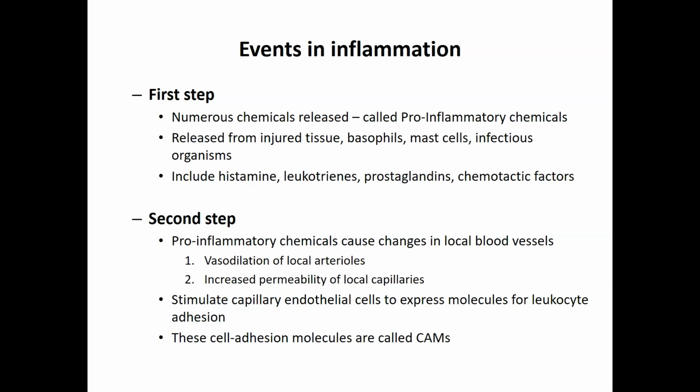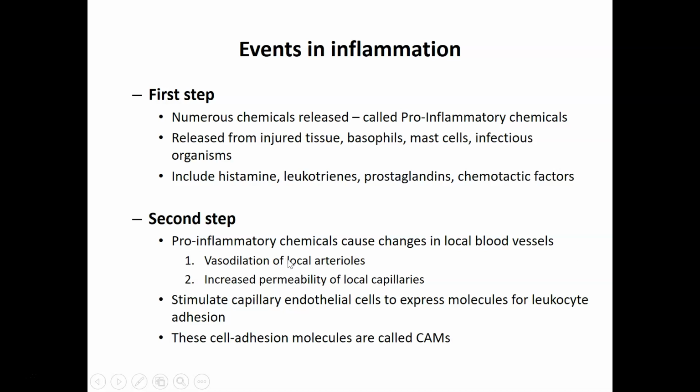And if a leukocyte, a white blood cell, bumps into it, it's going to latch on to that white blood cell. Okay? So those are the two main things that are happening to blood vessels: vasodilation of arterioles and increased permeability of capillaries, and also endothelial cells making cell adhesion molecules called CAMs.